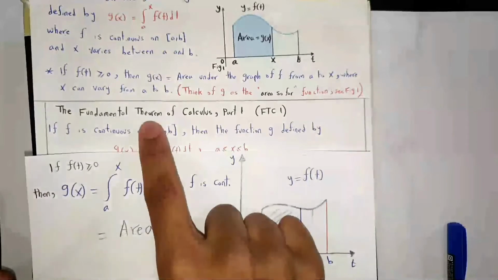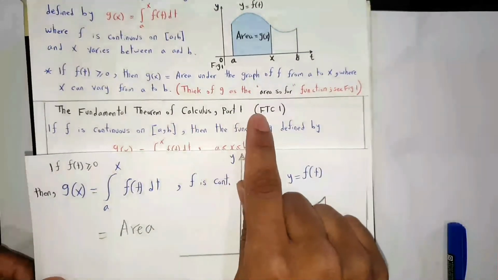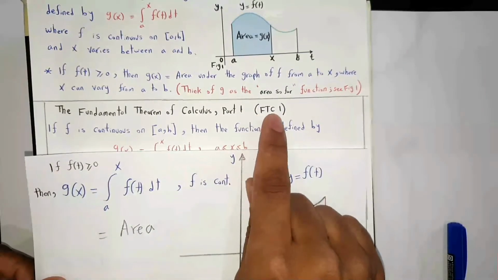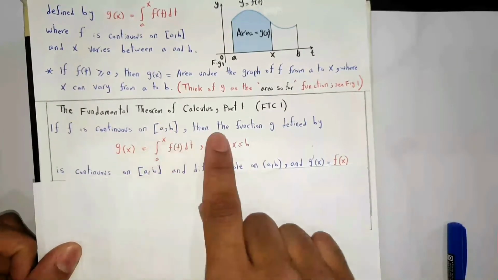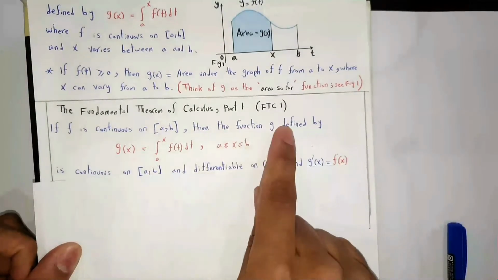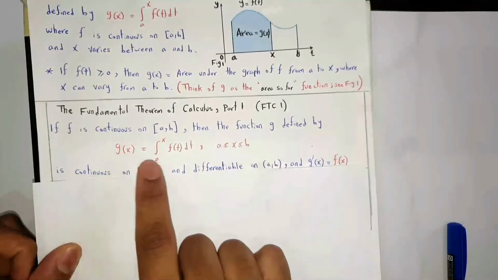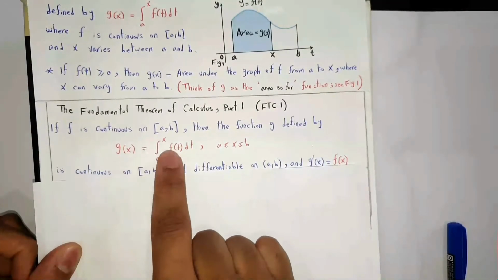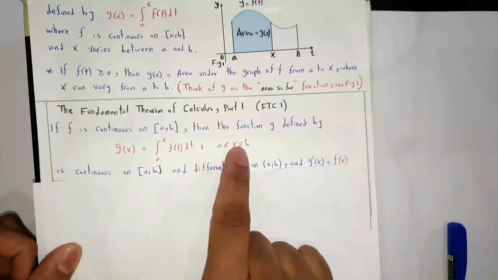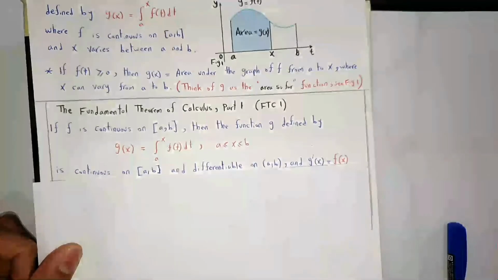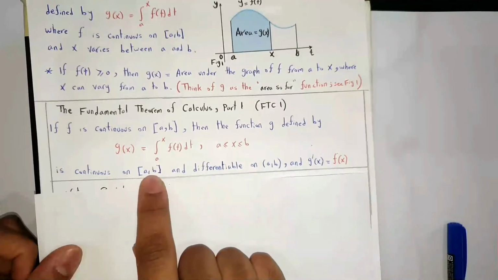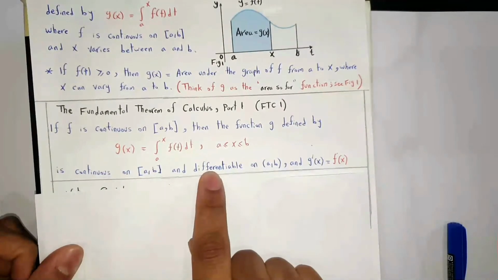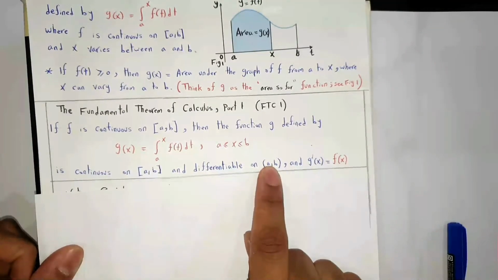The fundamental theorem of calculus part 1, which is abbreviated FTC1. If f is continuous on [a, b], then the function g defined by g of x, the integral from a to x of f of t dt, where x runs from a to b, is continuous on [a, b], the closed interval I mean, and not only this, it is differentiable on the open interval (a, b).